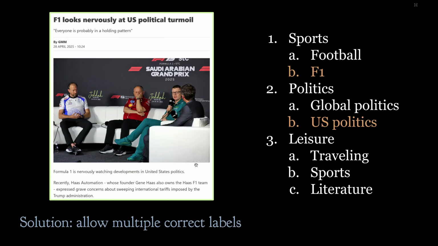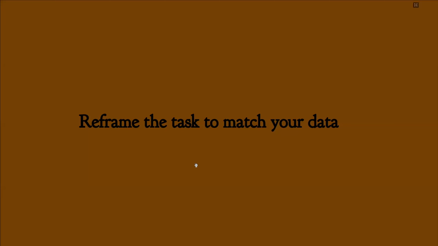So from this point onwards, we decided to allow multiple correct labels for each of the articles. This can, in fact, also increase some of the conflict between annotators, because now they can pick multiple labels. But as you can see, it's really required for the task here, because otherwise it doesn't make any sense to pick between either of the two.